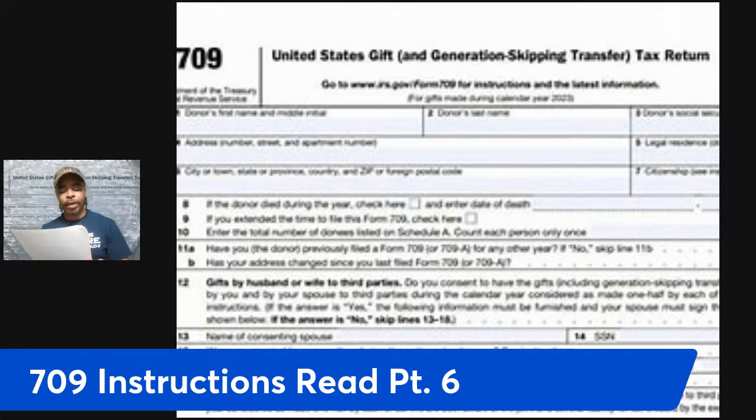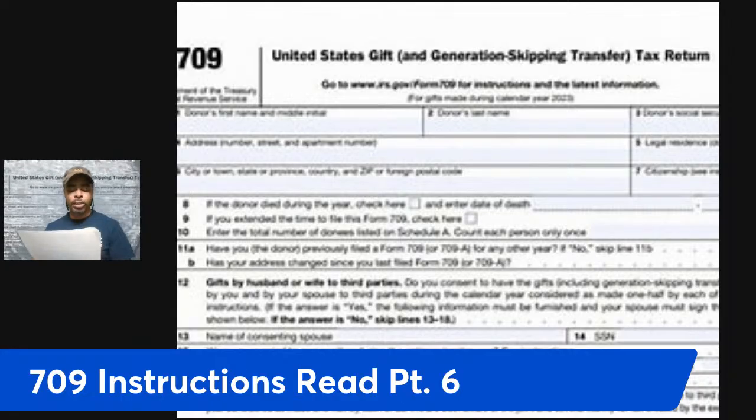Clear identification of the trust, including the trust EIN if known. If this is a late allocation, the year the transfer was reported on Form 709. The value of trust assets at the effective date of the allocation.